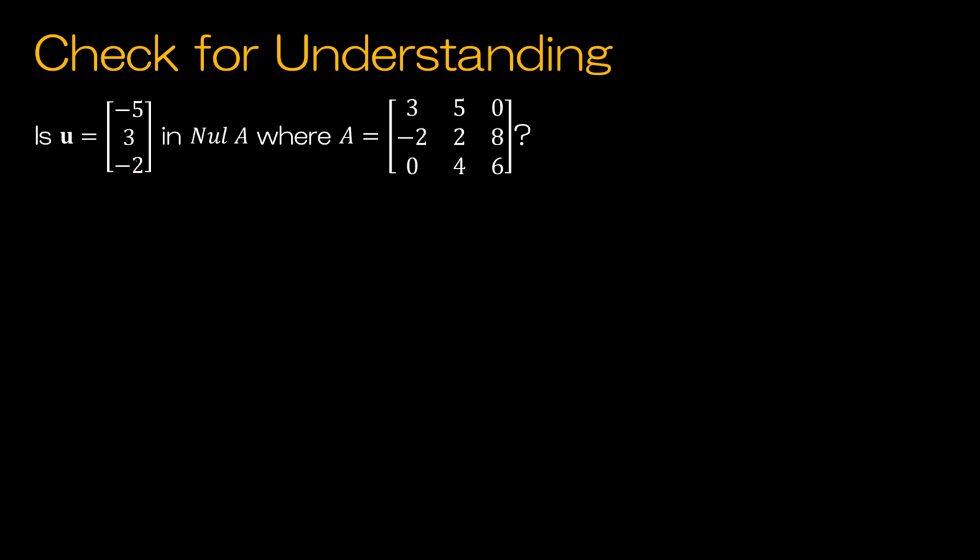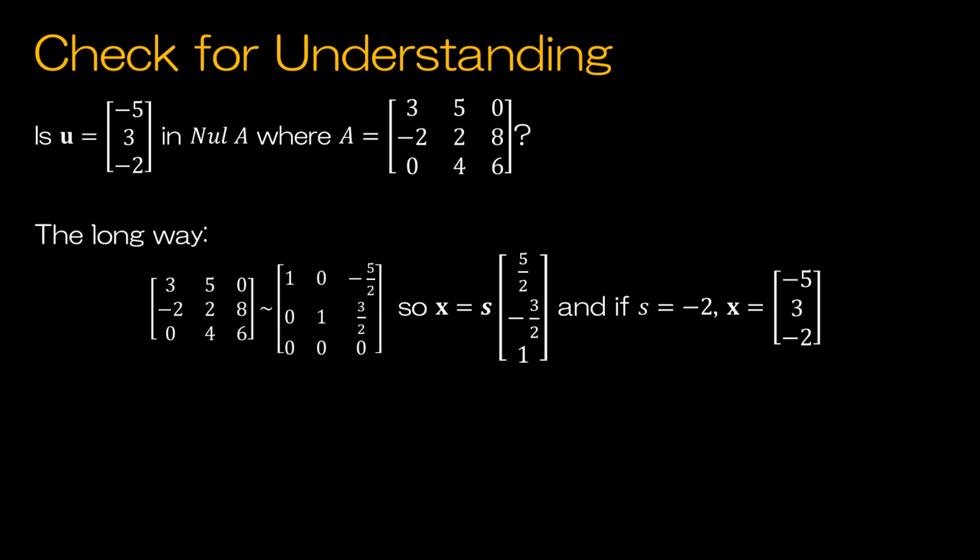Now, one way to do this, which is the long way, is the way that we have been doing this, which is to take the matrix A and row reduce it. Notice I didn't show the work there, but I row reduced it to this matrix, and then wrote the solution parametrically, which was to say that x is equal to some parameter s, or t, whichever letter you chose, times 5 halves, negative 3 halves, 1.